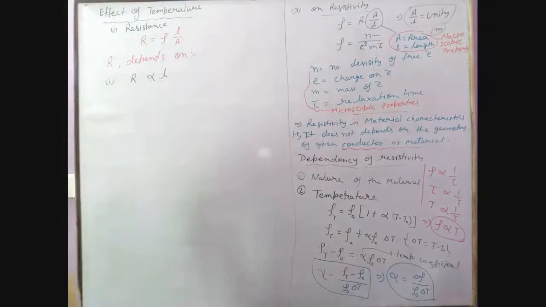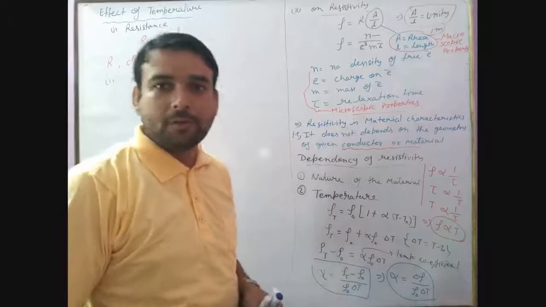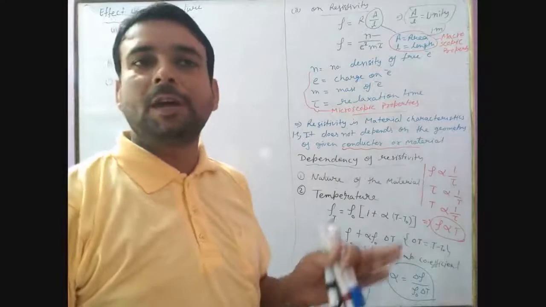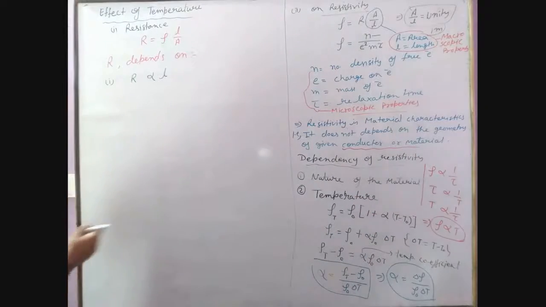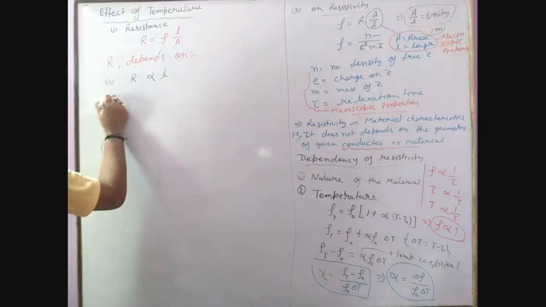If the length of the wire or given conductor increases by double, then the resistance will also be double.